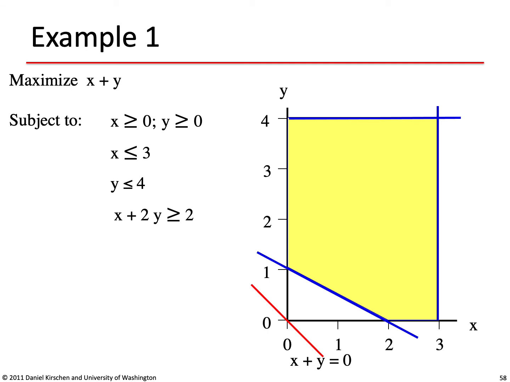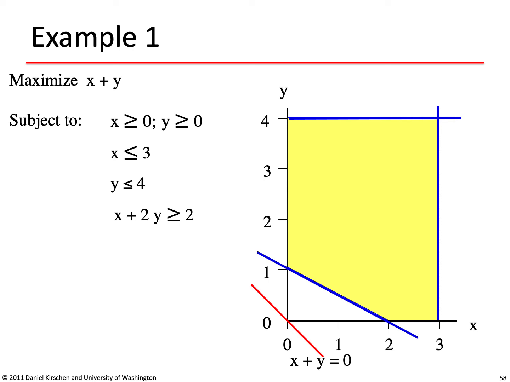The objective of our LP problem is x plus y and is also represented by a straight line. On this diagram, x plus y equals 0 is represented by this red line.